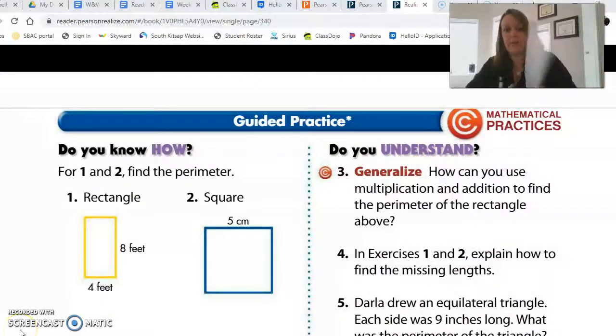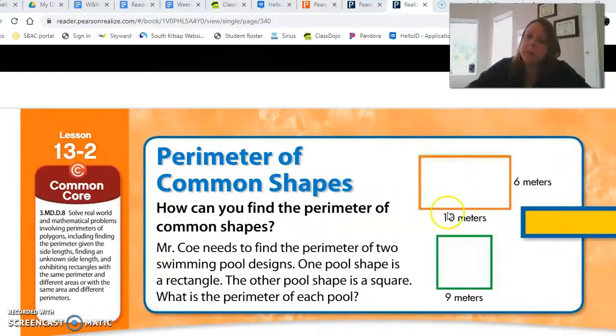All right, let's read number 3. Number 3, generalize. Okay, that means we need to make a statement about the question. How can you use multiplication and addition to find the perimeter of the rectangle above? So once again, I'm going to scroll up so you guys can see. Now, how can we use multiplication to help us find the perimeter of that rectangle?